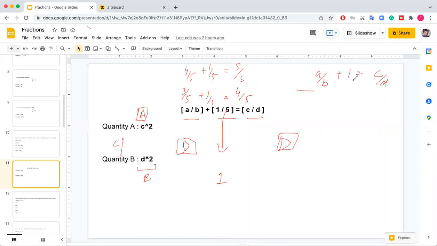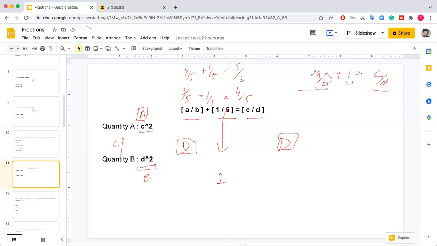Because we have one, and the other is a fraction. But you have not said that it is a positive fraction. It can be negative also. That's the point, and no one noticed that.